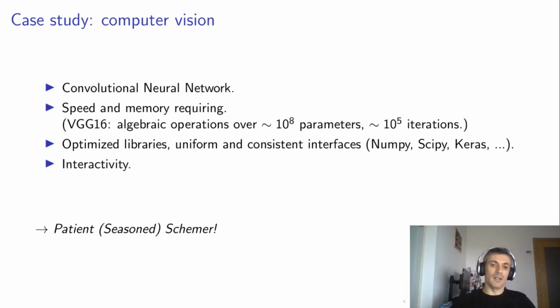Still, Scheme can be a competitive tool in this field. For instance, consider the interactivity requirement, or also to combine different architectures, which are programs, so to combine programs in a functional way. But that's most likely work for a patient and expert schemer, given the efficiency requirement.